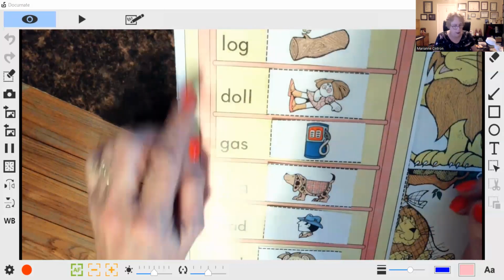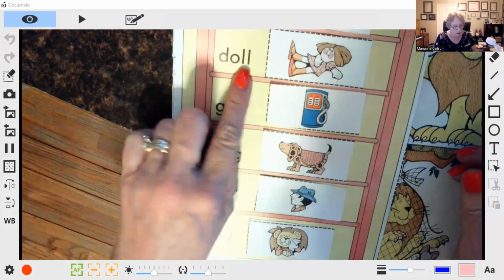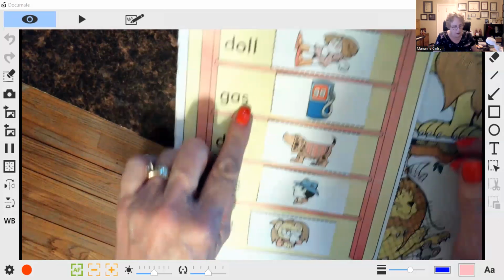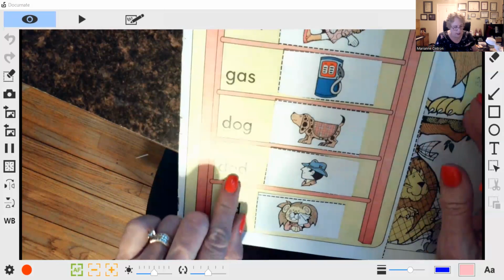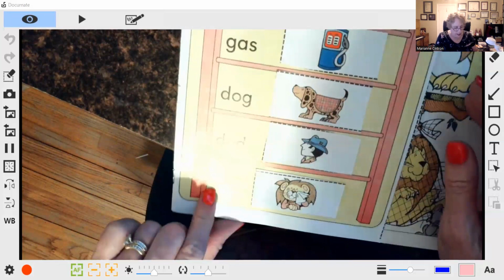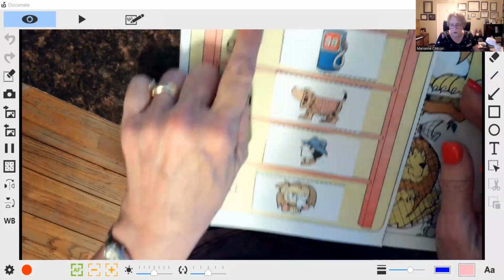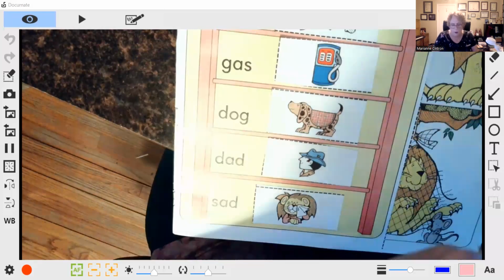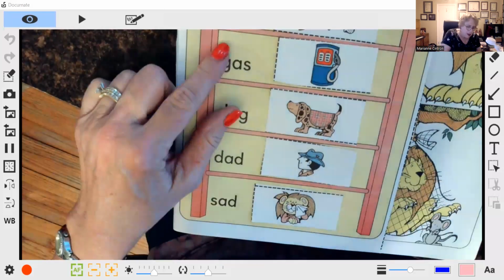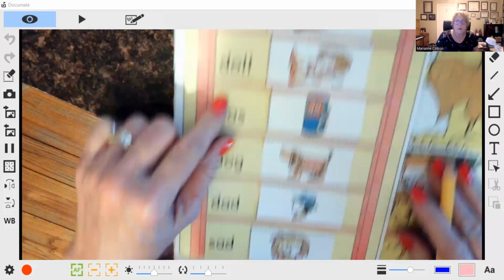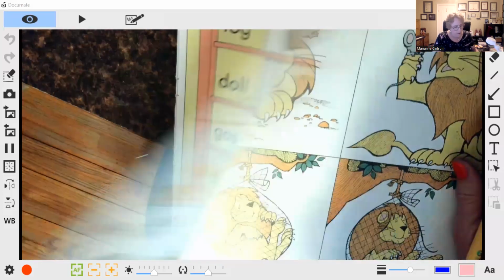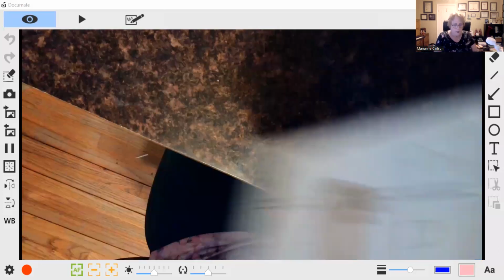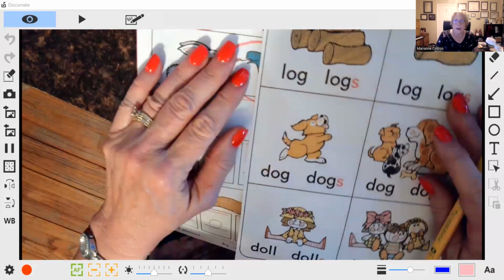Log, doll, gas, dog, dad, and sad. Notice how the double L is there. That's going to be one of our floss words. I'm going to put a scoop under there just for later. Doll is a floss word. Means a double L. So we're going to turn our page.